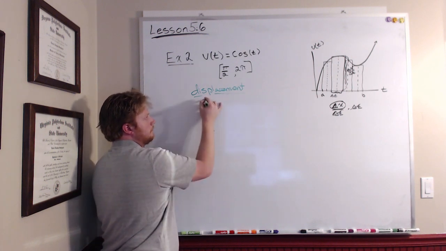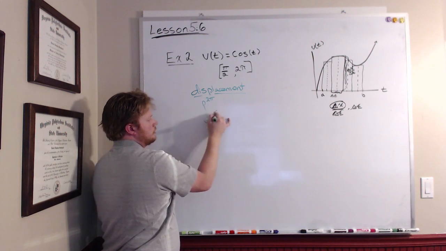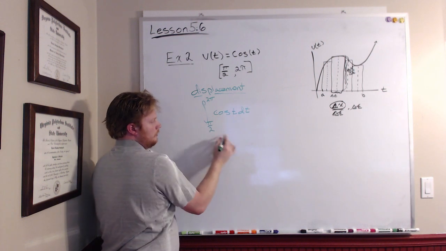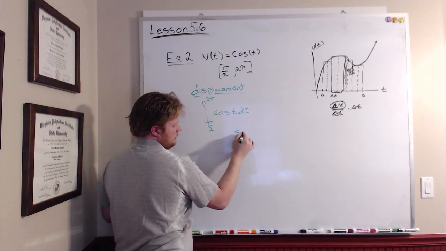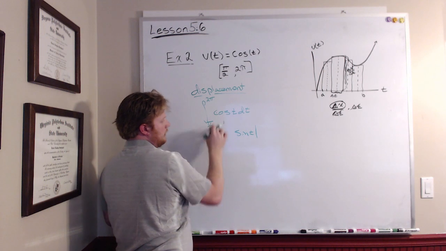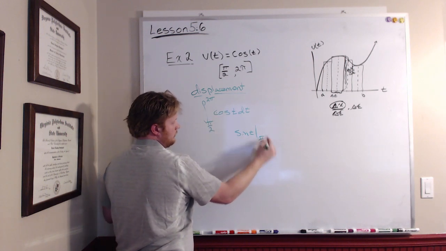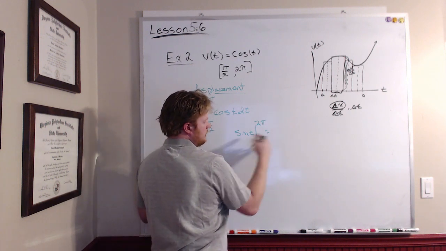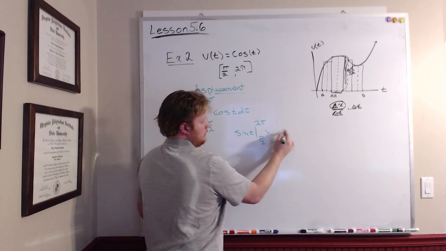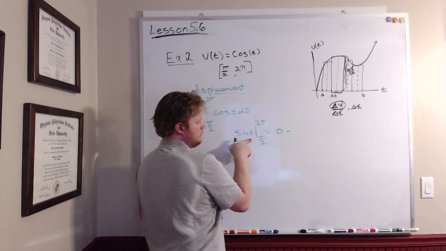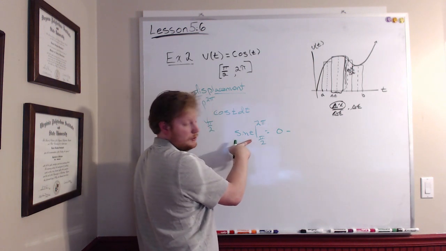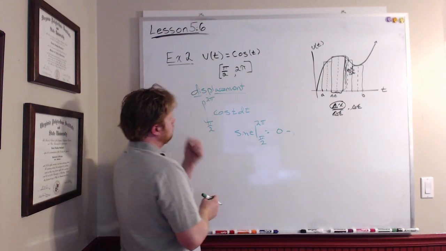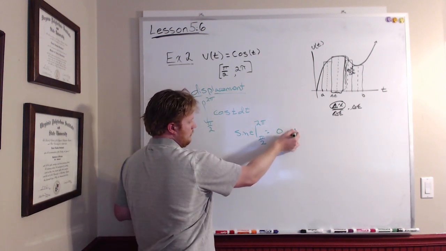Displacement's easy because I can just straight up integrate. The integral of cosine t is sine t, and I'm evaluating from pi over 2 to 2 pi, which is sine of 2 pi, which is 0, minus the sine of pi over 2, which is 1.